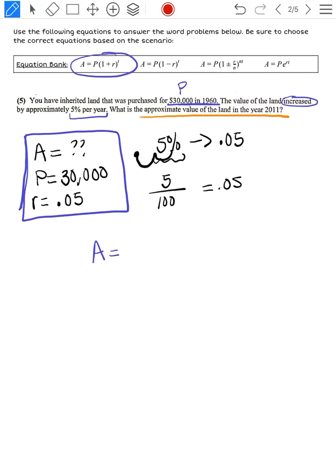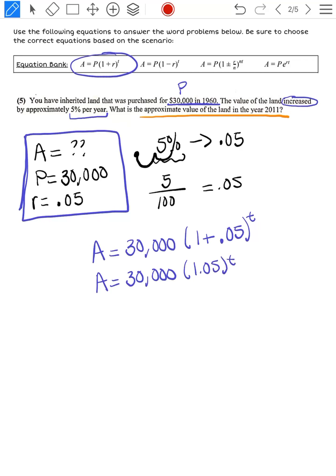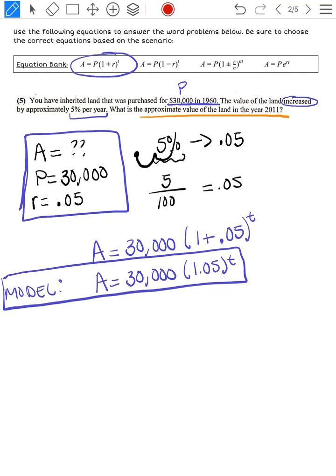So that means A is going to equal 30,000 times 1 plus, because I'm increasing, my rate is 0.05 each year. So T represents time. And I can simplify that a little bit to just be 30,000, 1.05 to the T. So this would be when asked for the exponential model.